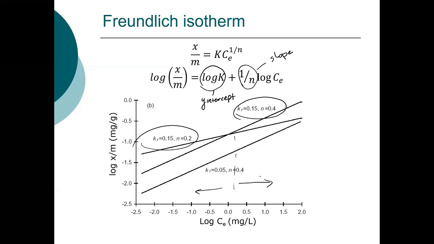And in no case, except maybe if we went to very, very high concentrations, would this carbon be the optimal. So we can use this to try and do empirical studies, determine these parameters, model the adsorption, and then we'll use this information in the design of these systems.